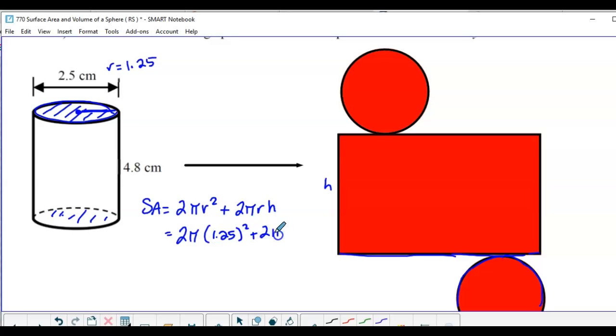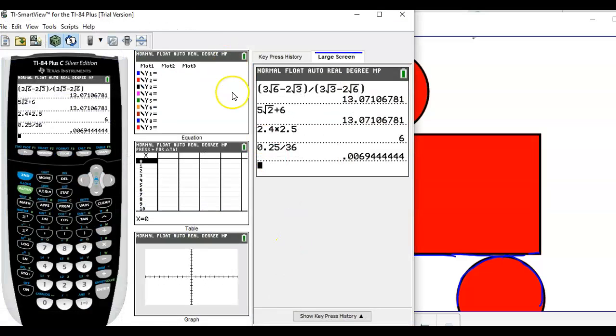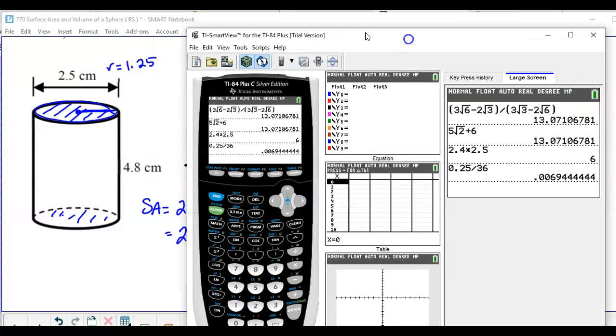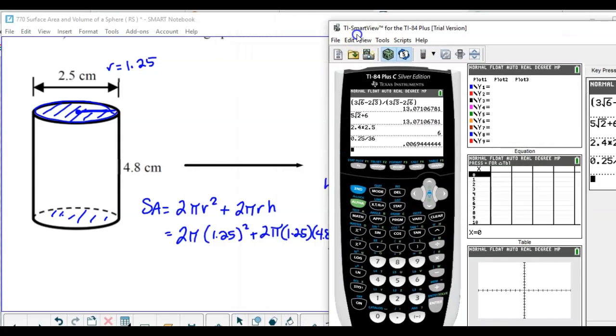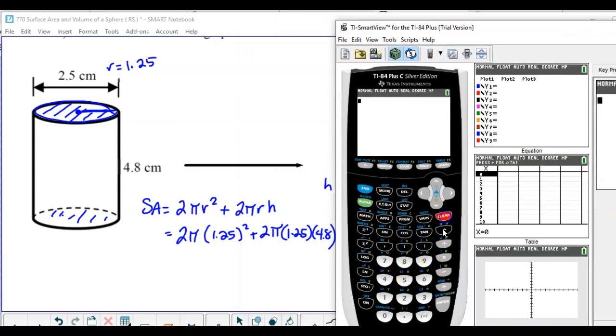and the height is 4.8. So in your calculator, clear off what you have. So 2 pi times 1.25 squared plus 2 pi times 1.25 times 4.8.